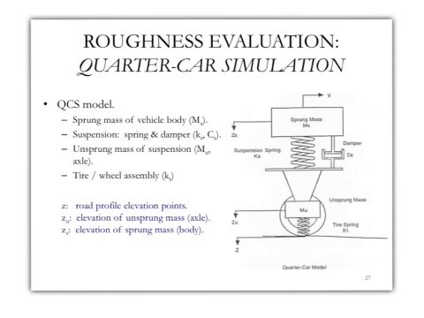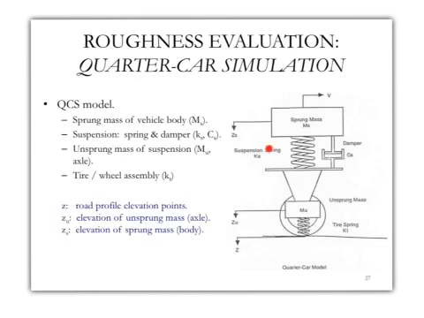The QCS model, or the quarter car simulation model, has a sprung mass of the vehicle body, which is MS. Then we have a suspension, which includes a spring plus a damper.